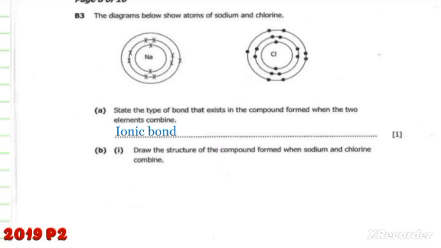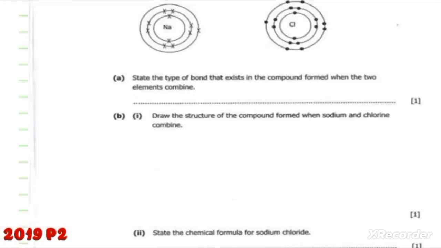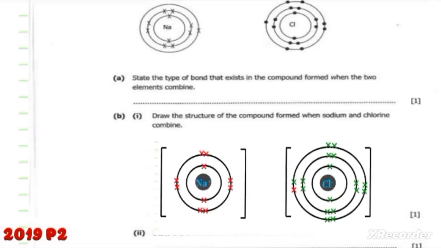We move to the next question, question B, Roman numeral 1. Draw the structure of the compound formed when sodium and chlorine combine. So here is the structure of the stable sodium, and we also have the structure of the stable chlorine.